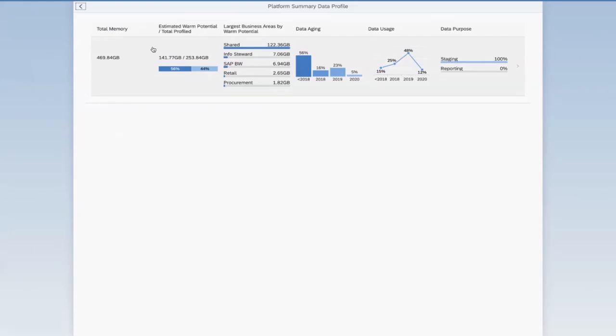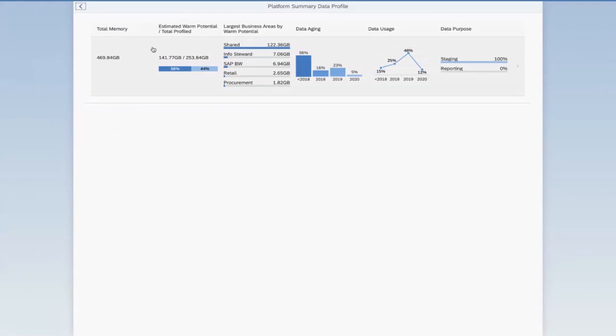Some of the data in memory won't have dates, won't have year fields, won't have anything that lets us determine the age of your data. That is the difference you'll see between the total memory and what we consider the total memory profiled.